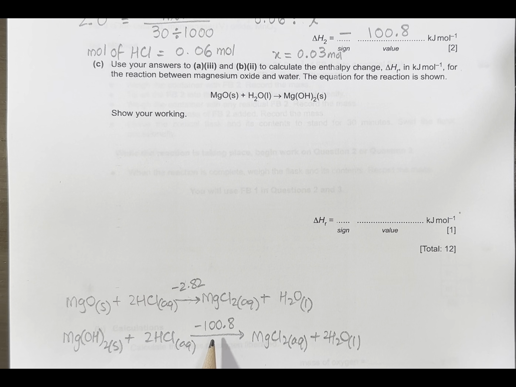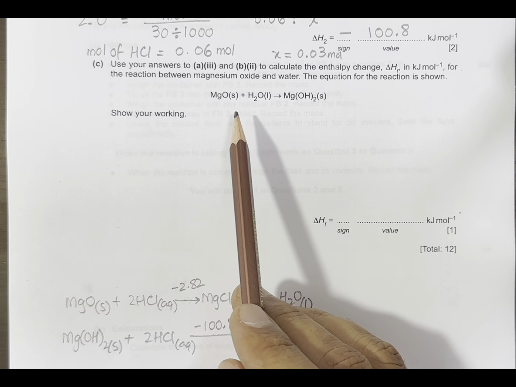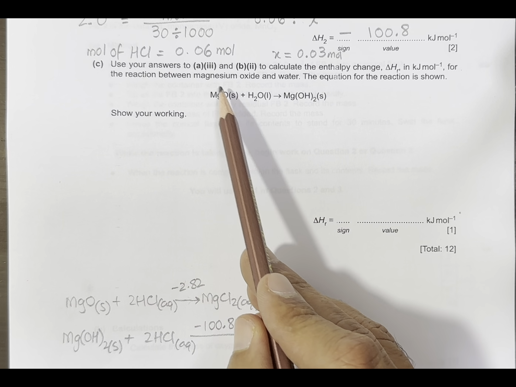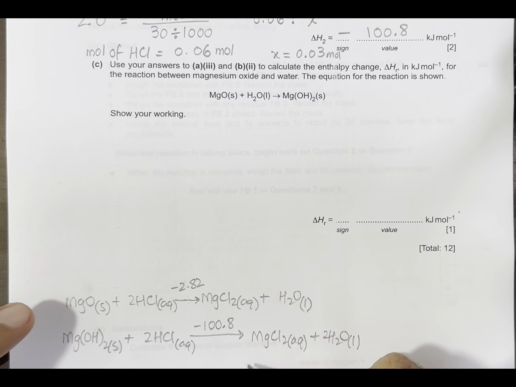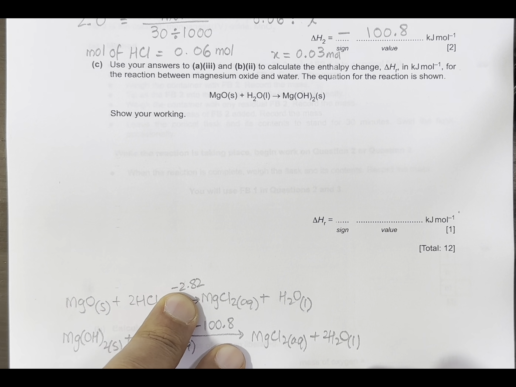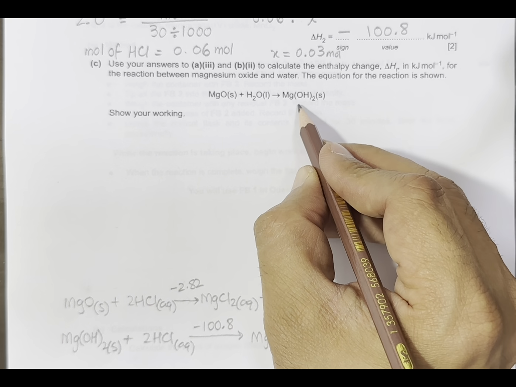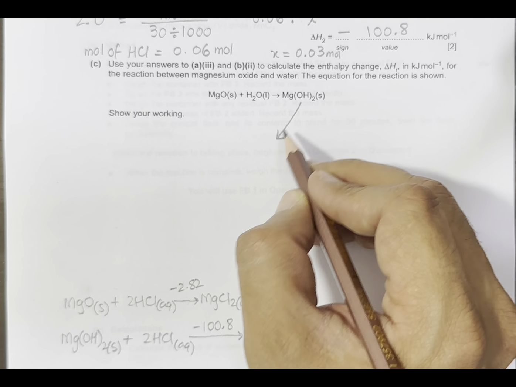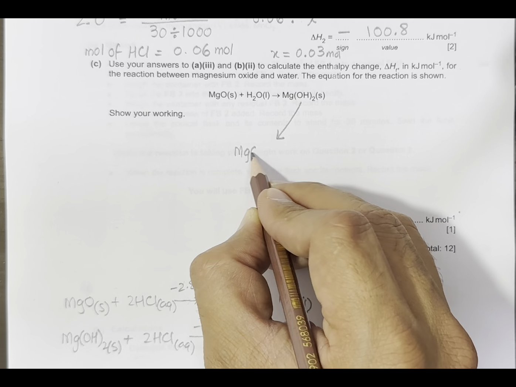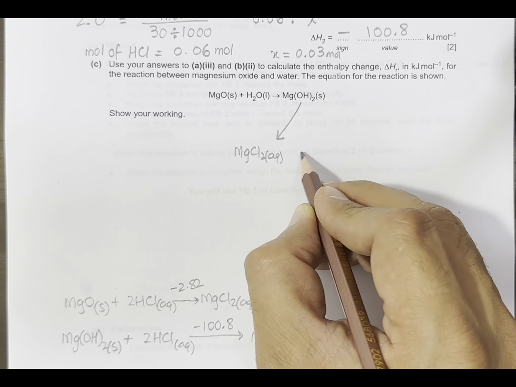Now in order to use Hess's law in this part, we need to look at this magnesium oxide and magnesium hydroxide, which are both reacting with HCl to form the same thing, MgCl2 and water. It means if we draw a Hess's law cycle, we will make it react with HCl to form magnesium chloride and H2O.